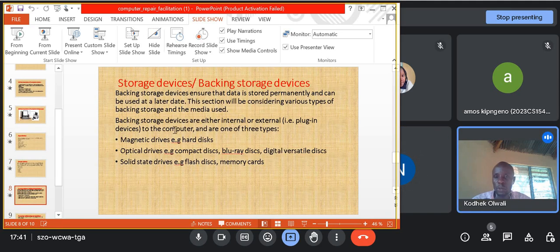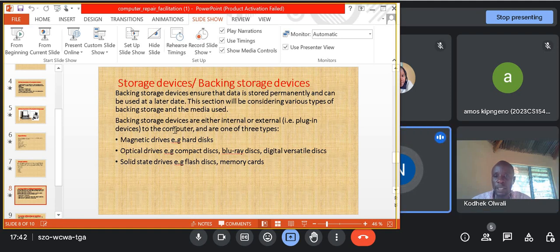Another point that you need to look at is what we call storage devices or the backing storage devices. These store data in the computer to be used at a later date. Examples, we have magnetic drives. I'm sure you have come across magnetic drives. Class, are you together?